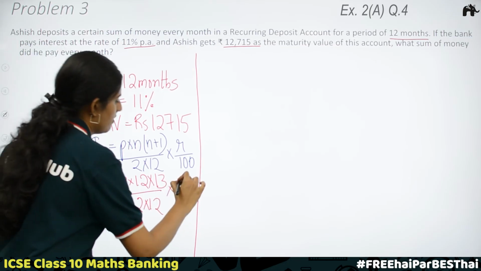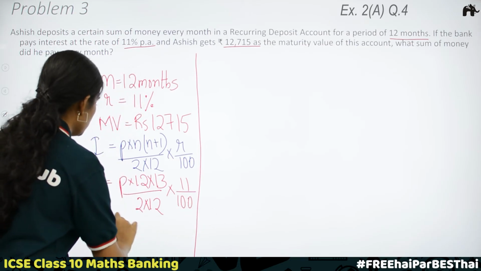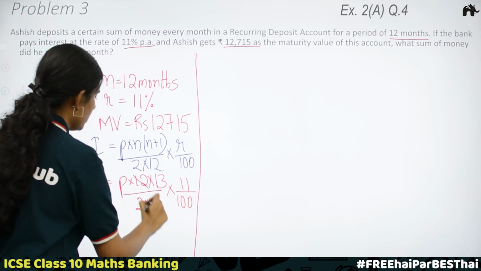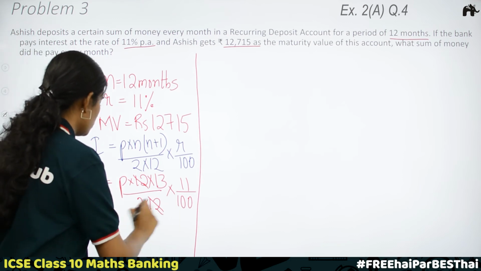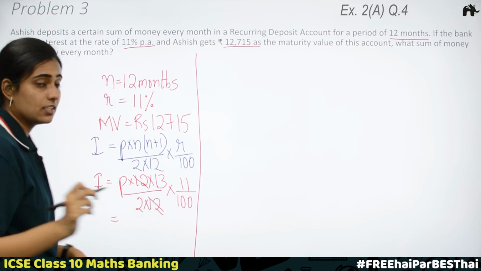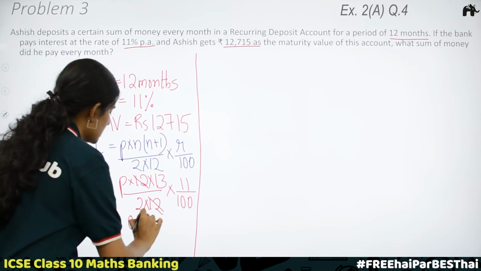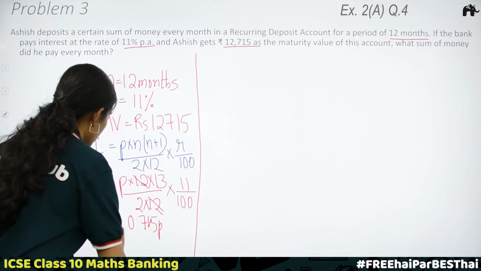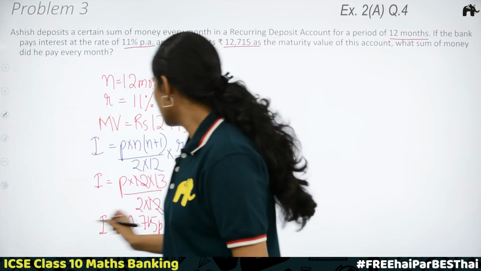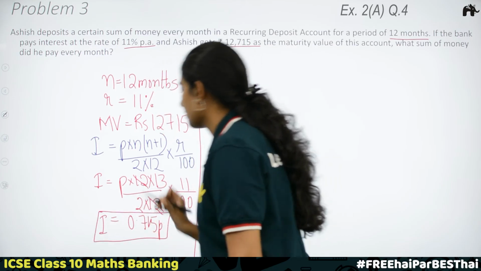R is equal to 11. 11 divided by 100 equal to 12, and 12 can be cancelled. On doing the calculation, you will be getting 0.715 P. That is interest in terms of P.